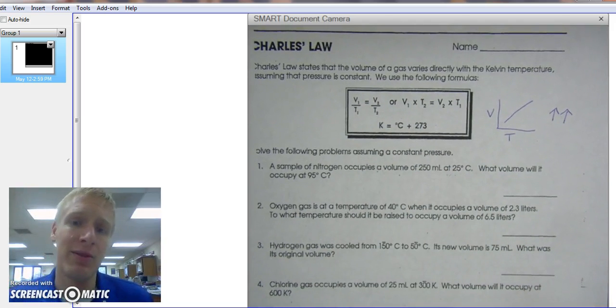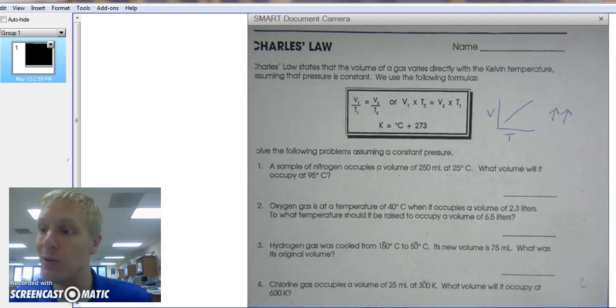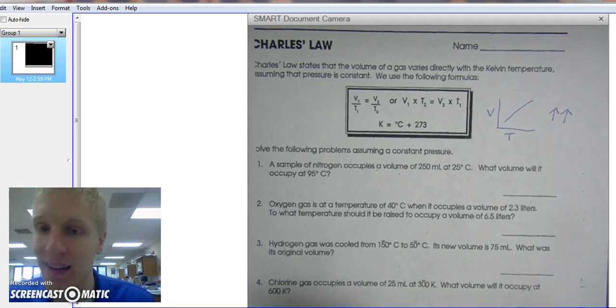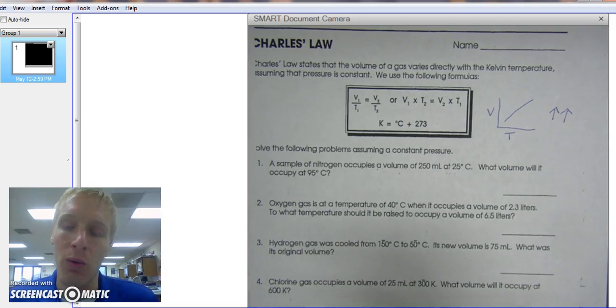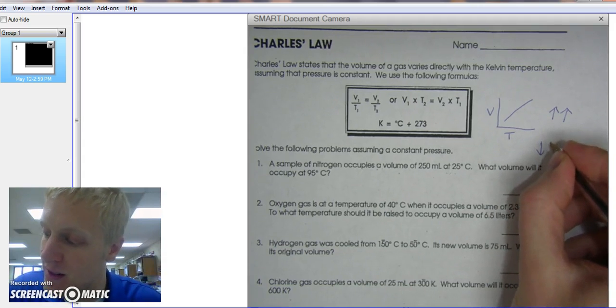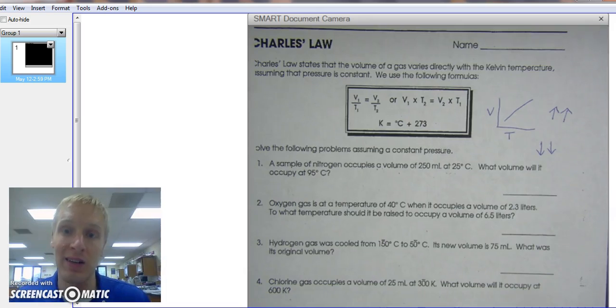A perfect example of this would be when you're driving a car and you're looking at your tires. They are going to be flat or deflated more so in the winter months as opposed to the summer months. Why is that? Because when it gets colder, your temperature is decreasing, therefore a direct relationship would say that your volume also decreases and it becomes more flat.